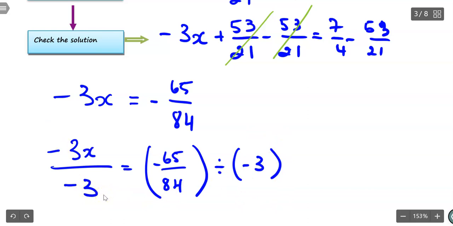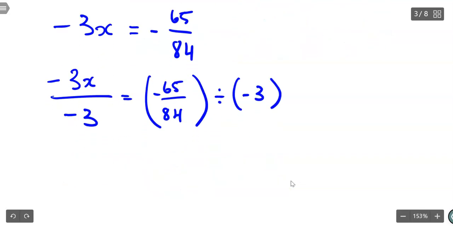Sometimes they don't want to say, I divide both sides by -3. They say, I bring -3 over to the other side, I divide it by -3. You're not changing any sign in this case.